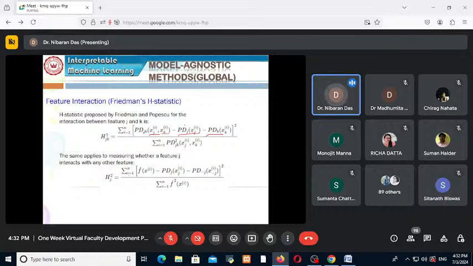The same applies to measuring whether a feature j interacts with any other features. Previously we were calculating the interaction between two features, but now we are calculating the interaction between feature j and all other features.